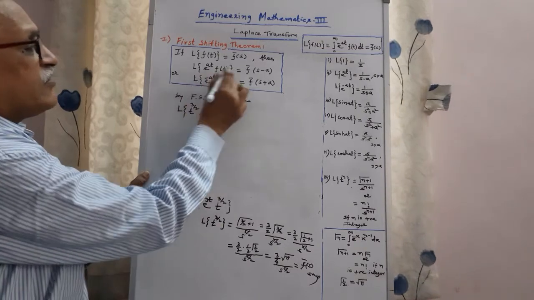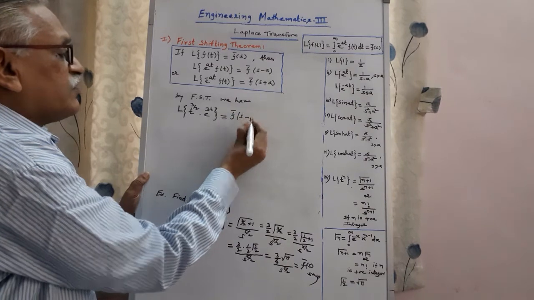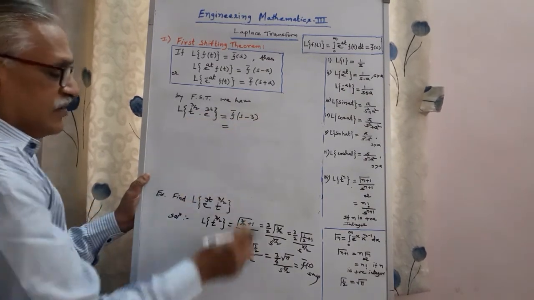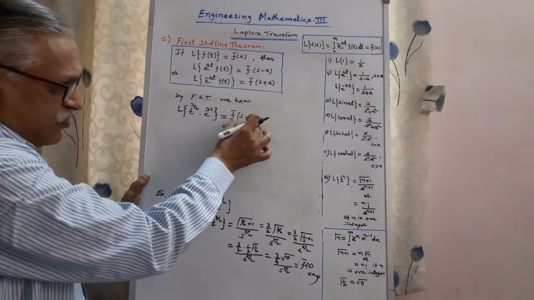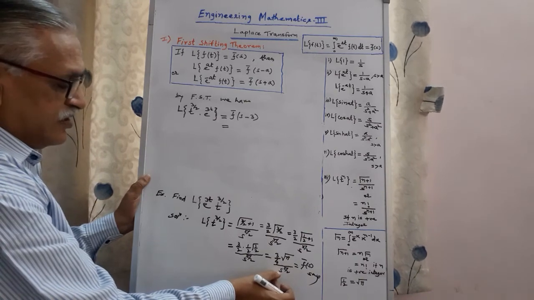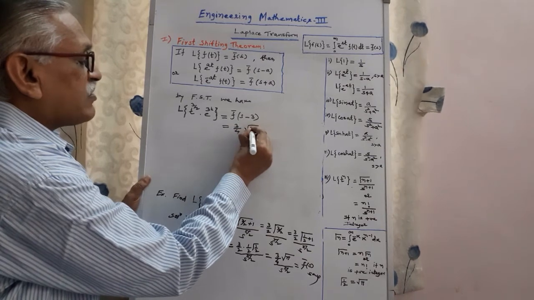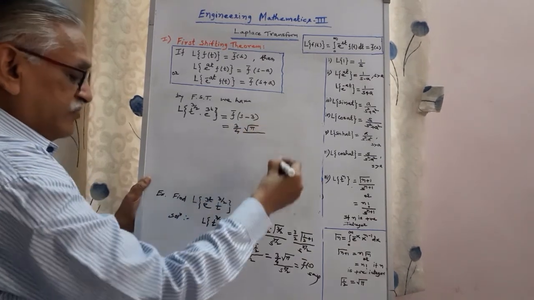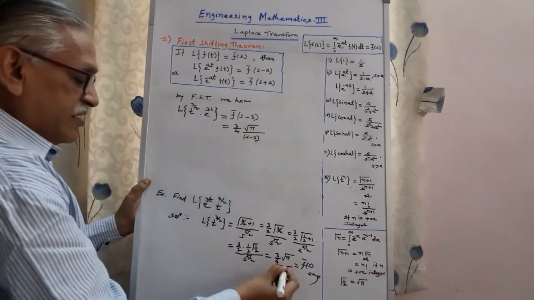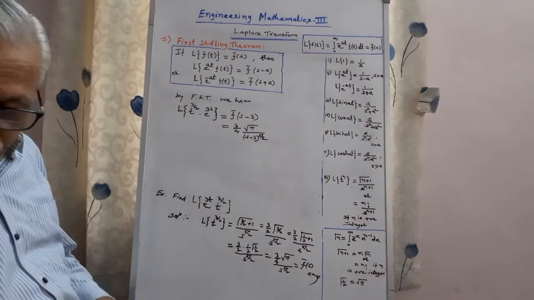When it is plus a, we have to replace s by s minus a, and therefore s is replaced by s minus a. A is here 3. And then we get this value by replacing s by s minus 3, and therefore we have 3 by 4 root pi divided by s minus 3 raised to 5 by 2, which is the required Laplace transform.